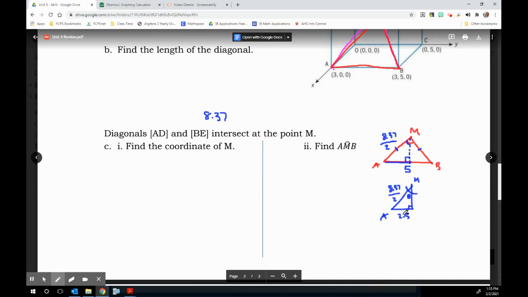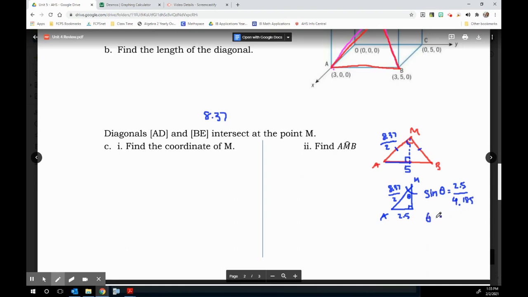I am looking at my opposite and my hypotenuse. So opposite and hypotenuse means sine of angle theta equals the opposite over the hypotenuse. And that is, I might as well just work it out so I don't have fractions within fractions, 4.185.